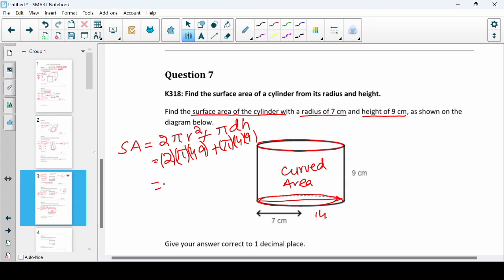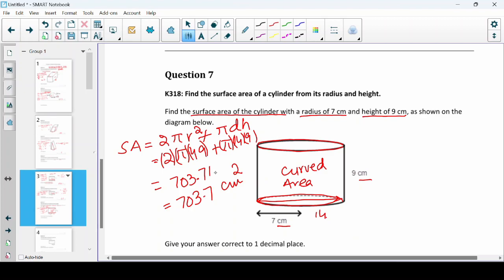So this gives us 703.7. So our surface area is 703.71. If it's a 1, we do not write this one. 703.7. We need to just write up to one decimal place. Since it's a surface area, the unit is centimeter square. This is centimeter, this is centimeter, so the area will be centimeter square.